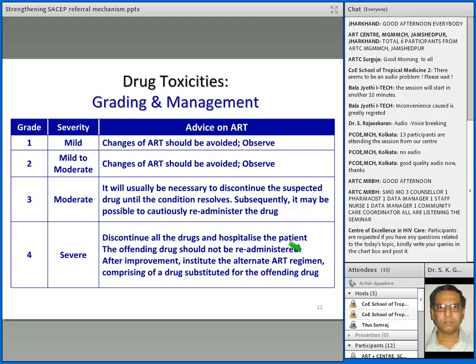After improvement, an alternate antiretroviral regimen with a substitute for the offending drug has to be instituted. Say for example, someone develops severe Stevens-Johnson syndrome following nevirapine, gets admitted, gets cured of the condition, then the patient should not be rechallenged with efavirenz, but should be initiated on a boosted protease inhibitor based regimen.